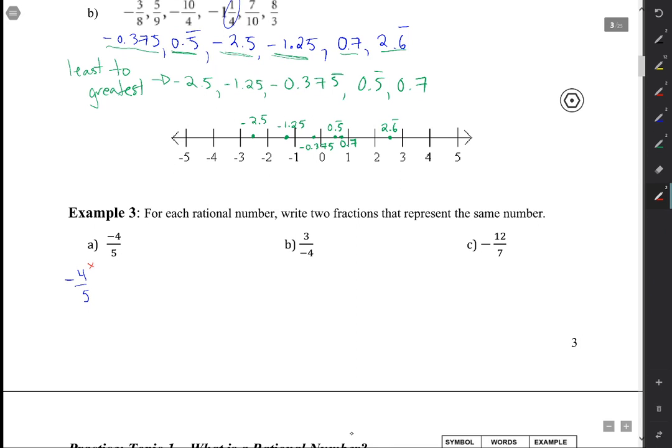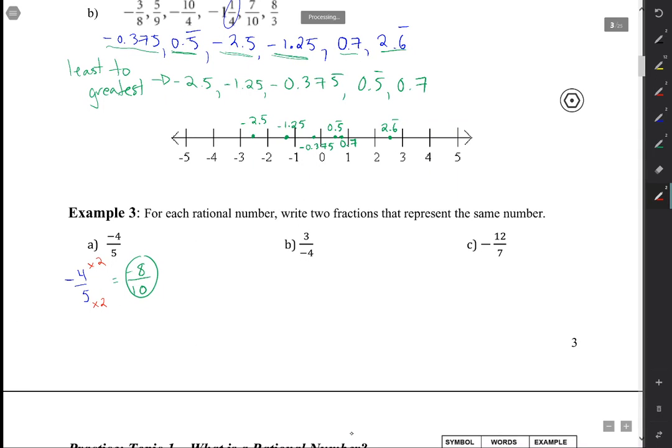It's nice and easy. So our answer is going to be negative 8 over 10, because 4 times 2 is 8, and 5 times 2 is 10. They're equivalent. So here's one of our answers.